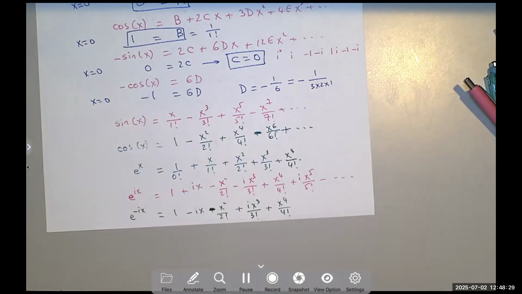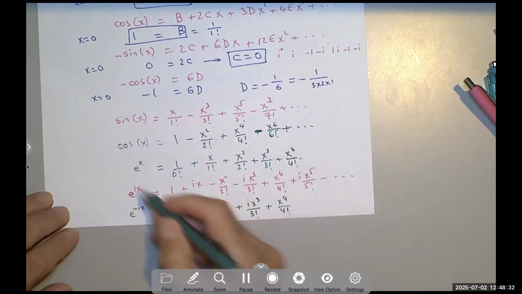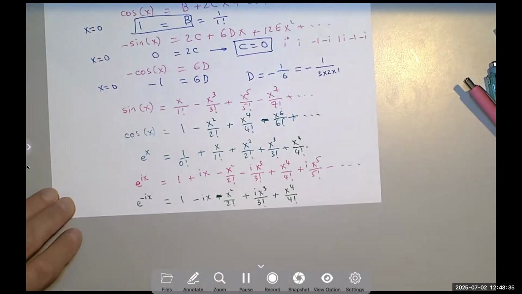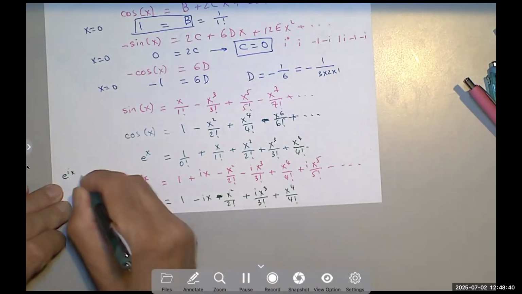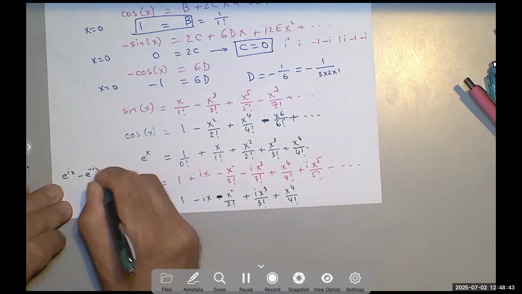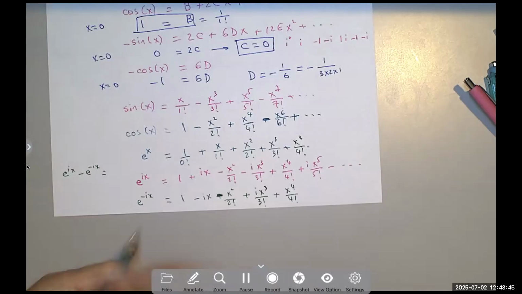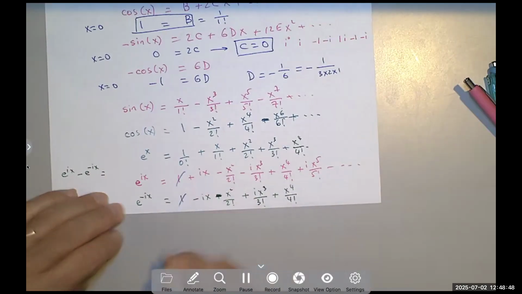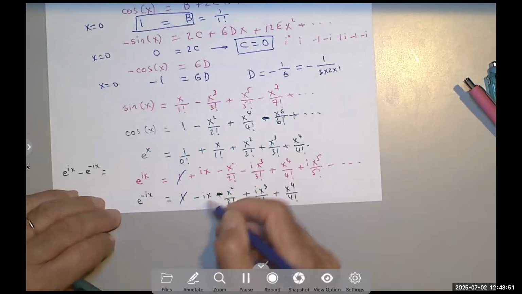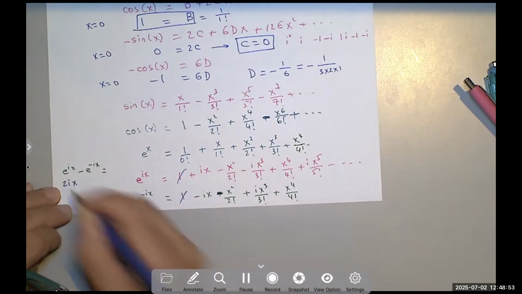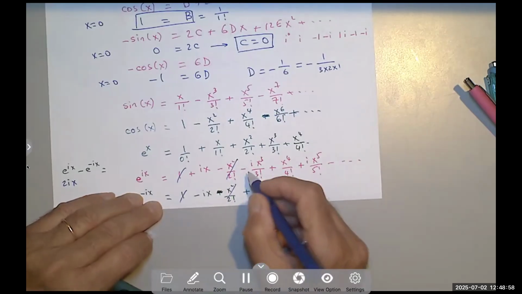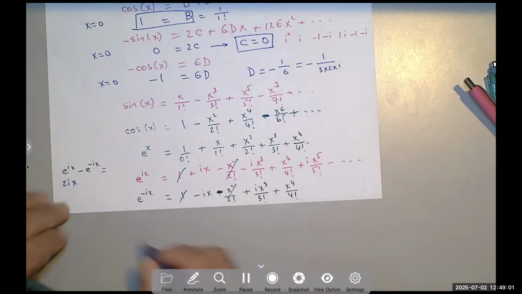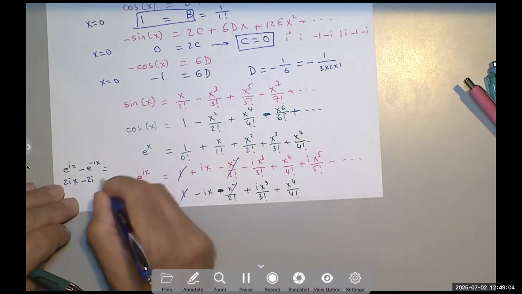So what happens if I say this minus that? If I say e to the ix minus e to the negative ix, what should I get? 1 minus 1 are cancelled. ix minus negative ix is 2ix. This minus that, they cancel each other. And then I have negative 2i x cubed over 3 factorial.